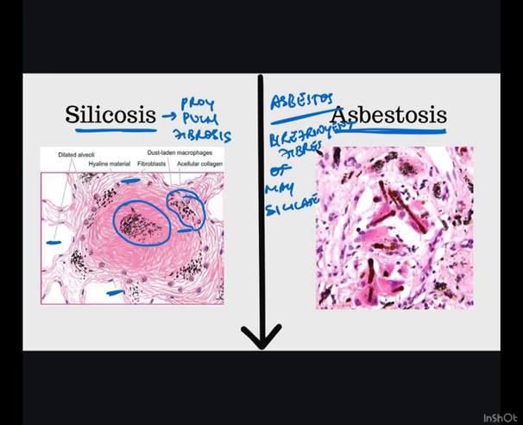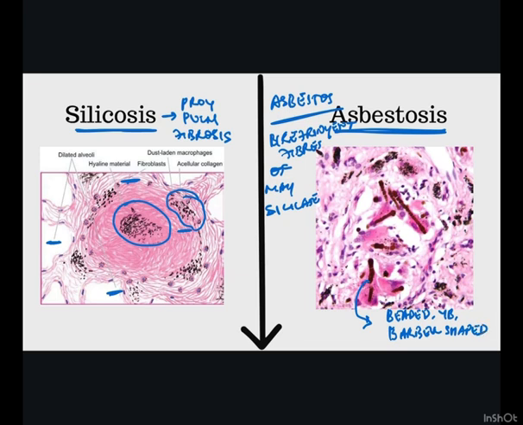So, whenever asbestos is seen in the H&E slide, it presents itself as an asbestos body. Now this is the asbestos body. This asbestos body is beaded. It is yellow brown and it is barbell shaped, with a proteinaceous coat.